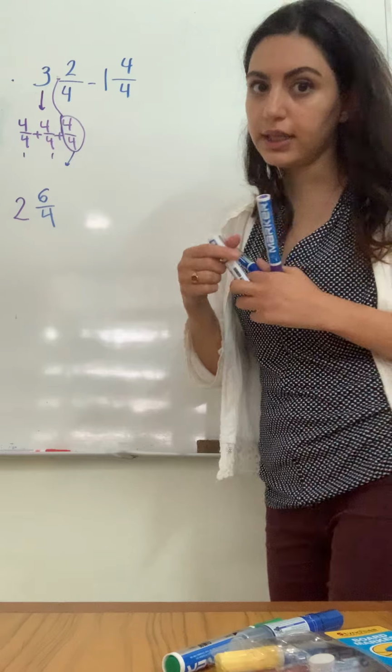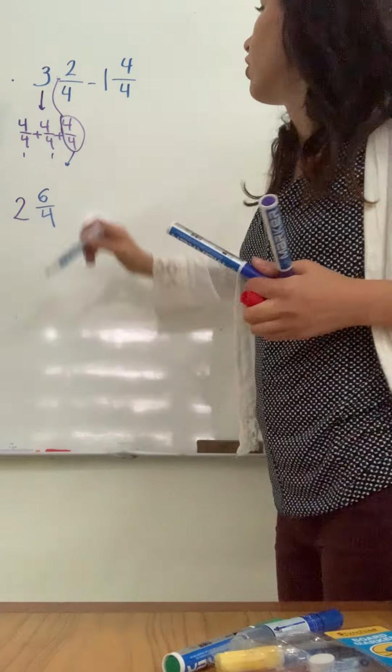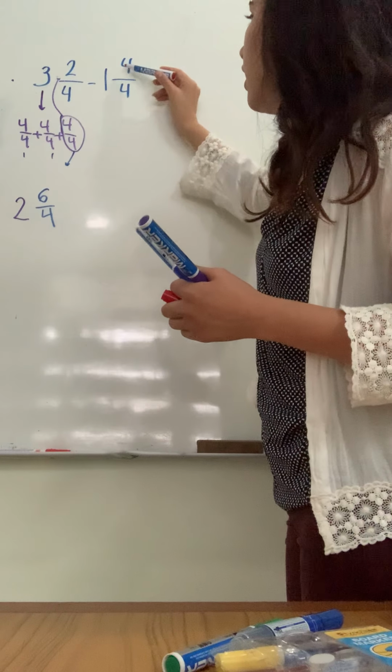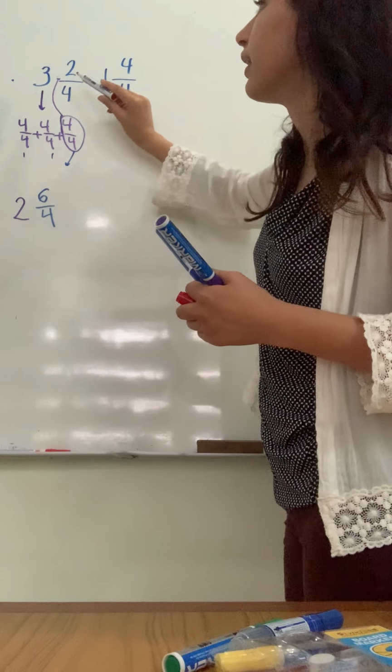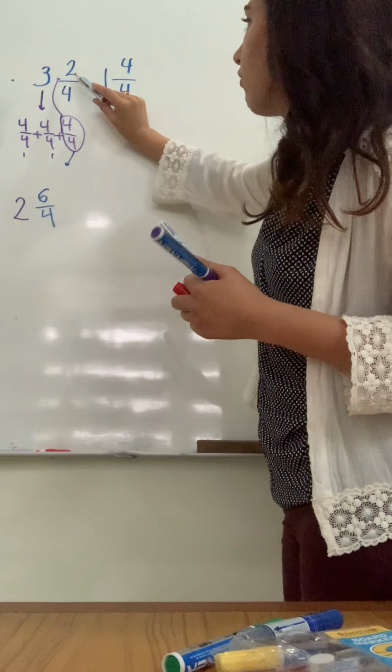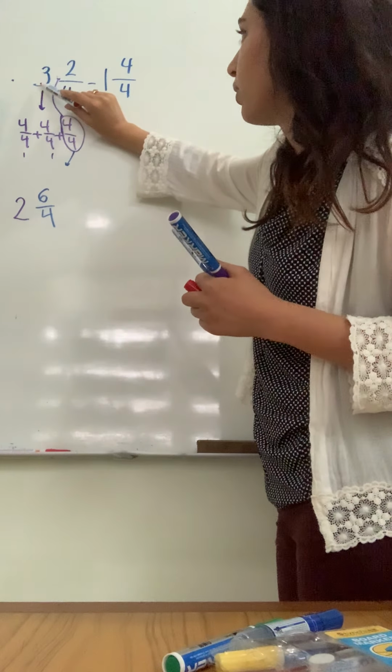So let's review again. We have 3 2/4 minus 1 4/4. We cannot minus 2 by 4. That's why we have to borrow from 3.